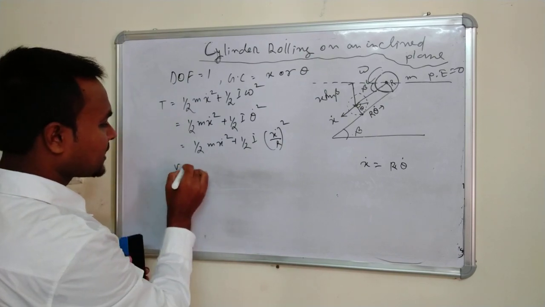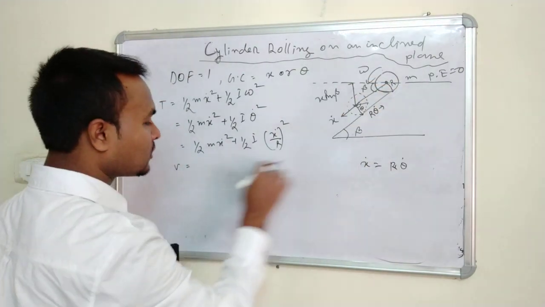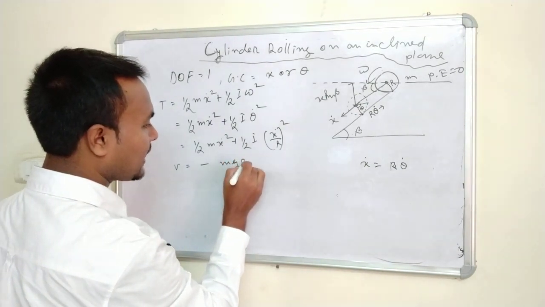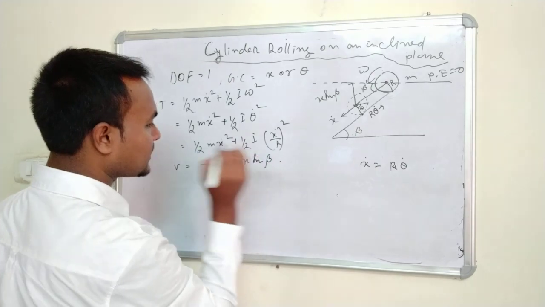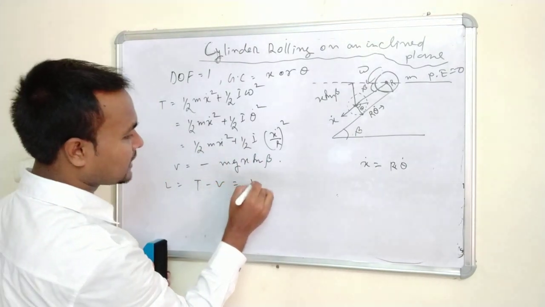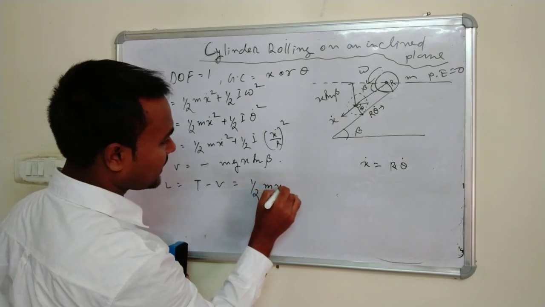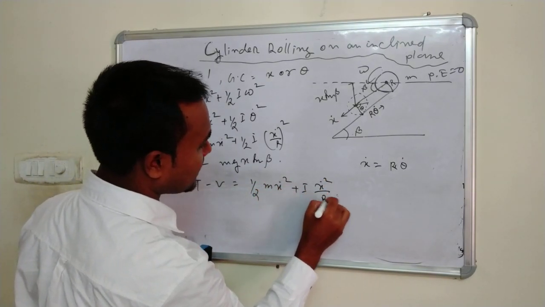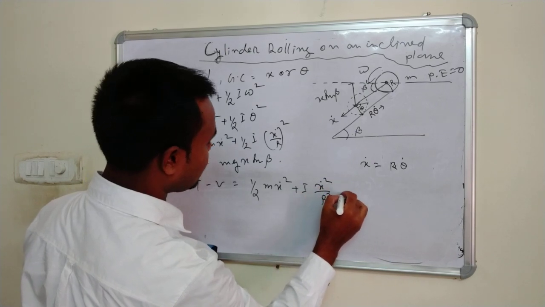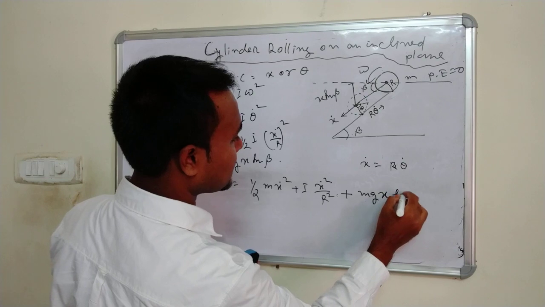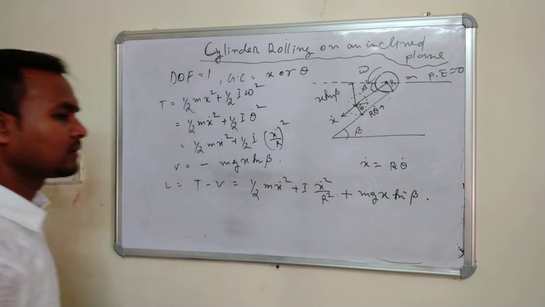So your potential energy V equal to, below the reference level, minus mg x sine beta. So your Lagrangian L equal to T minus V is equal to half of m x dot square plus half of I x dot square by r square plus mg x sine beta.